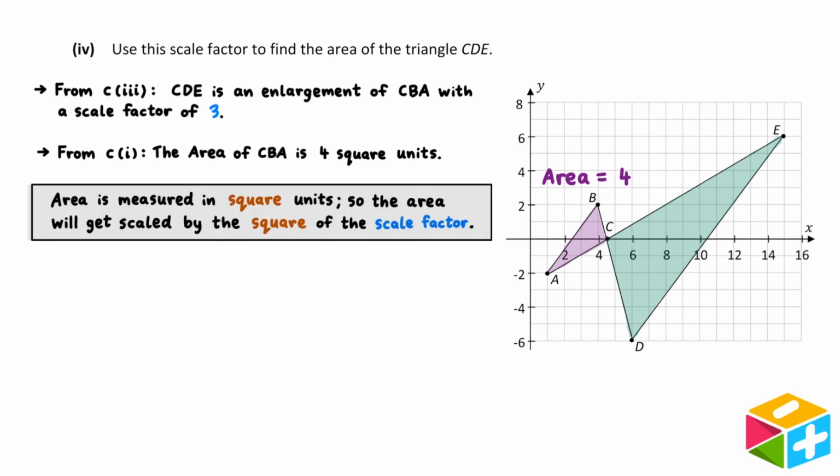The key observation is the following. Area is measured in square units, so the area will get scaled up by the square of the scale factor. In equation form, this says that the area of CDE is equal to the area of CBA times the scale factor squared.